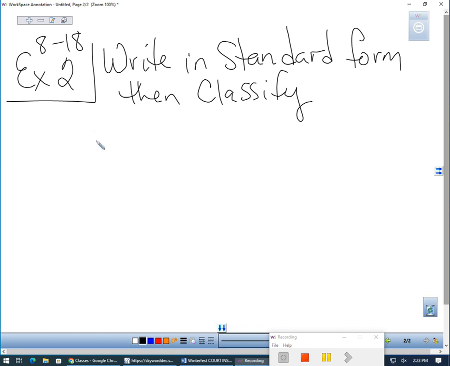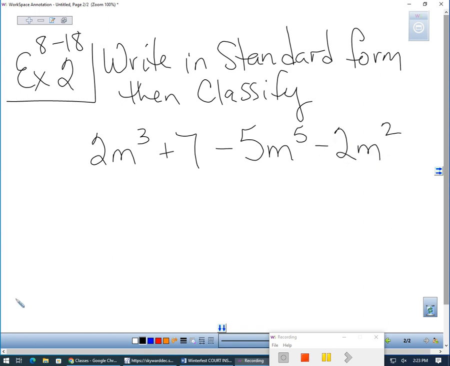So maybe you have 2m to the 3rd plus 7 minus 5m to the 5th minus 2m squared. All right, to put it in standard form, we do it in descending order. So we start with the highest exponent. And remember, the sign always goes with the term. So our highest exponent is this 5 here. So the term that comes first is negative 5m to the 5th.